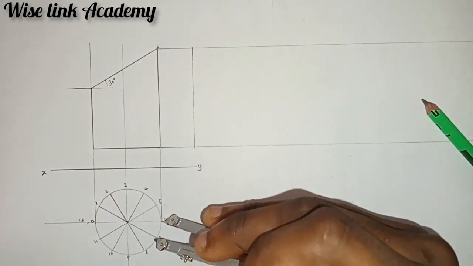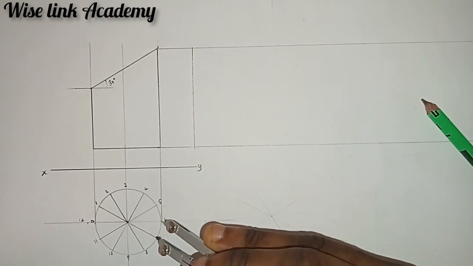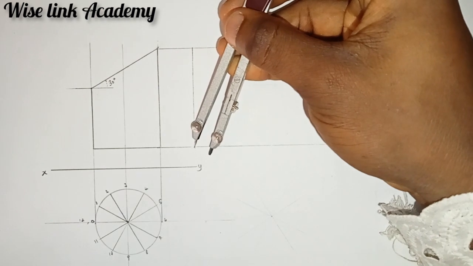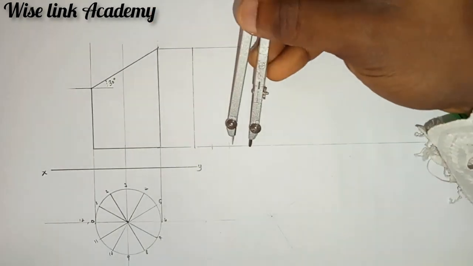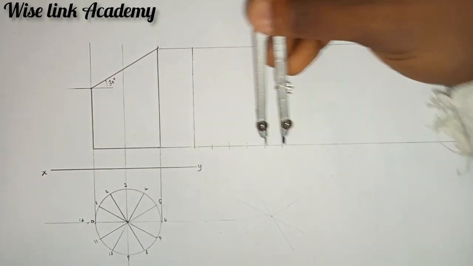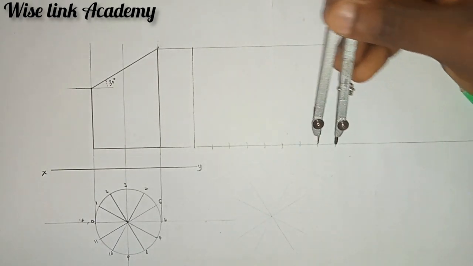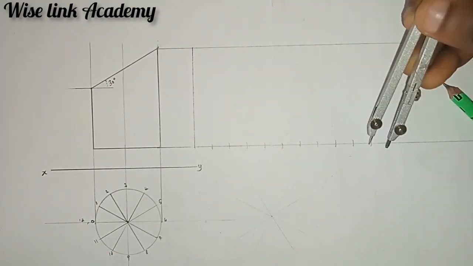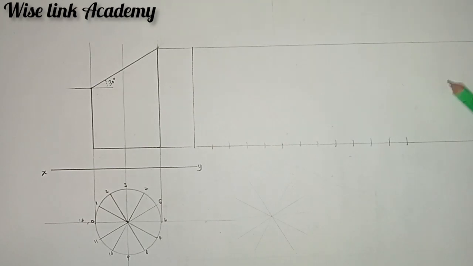From here, you just take the reading from 6 to 7. 6 to 7, I'll be having this, isn't it? So you can just use it to divide into 12 equal parts. So that'll be 1, 2, 3, 4, 5, 6, 7, 8, 9, 10, 11, 12.